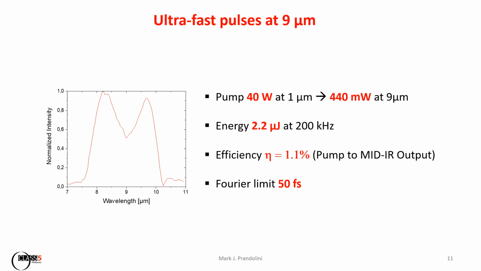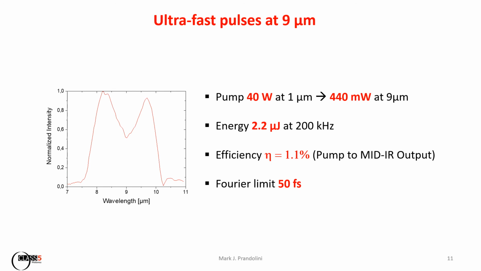From the previous tuning curves, I have picked out the best efficiency and the broadest bandwidth, which was around 9 micrometers. To summarize this particular curve, it was pumped with 40 watts at 1 micrometer. It produced 440 milliwatts at 9 micrometers.